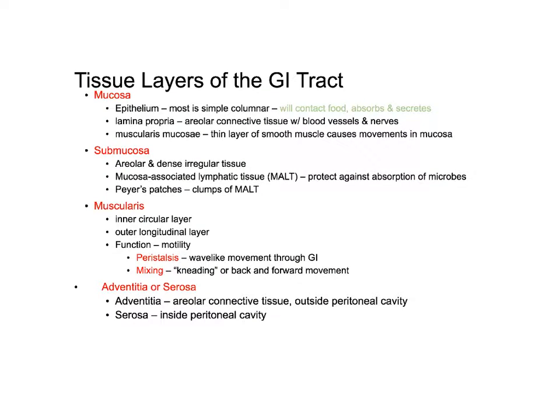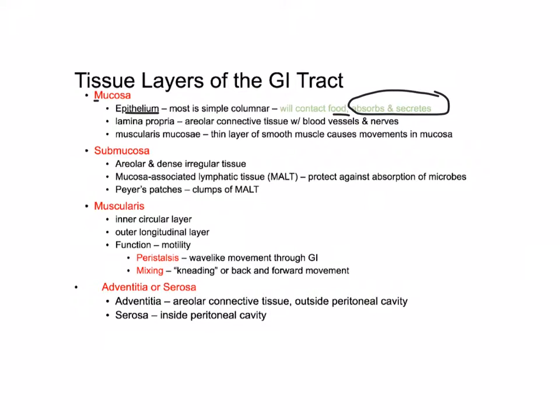Now, how is it organized histology-wise? We're going to start with the mucosa, which is where the food will make contact. The epithelium is simple columnar, and if you remember from histology when we talked about epithelium, we're always talking about absorption and secretion. That's the function of it.